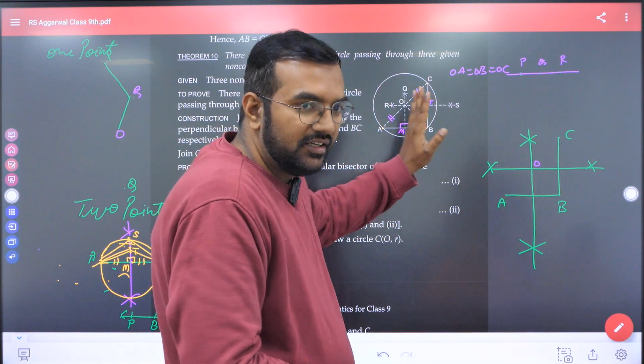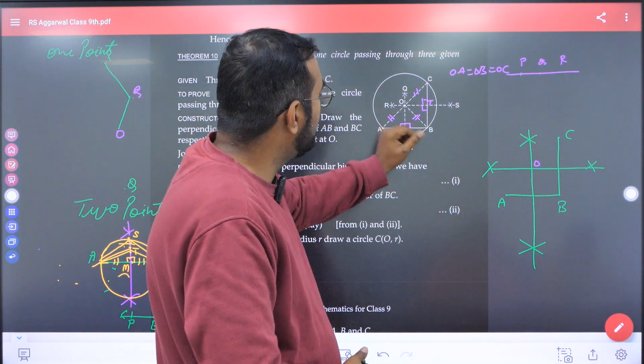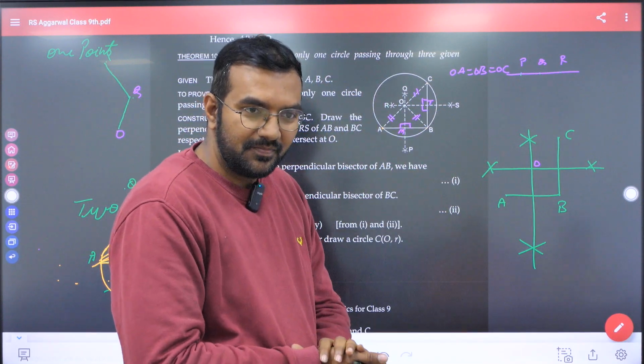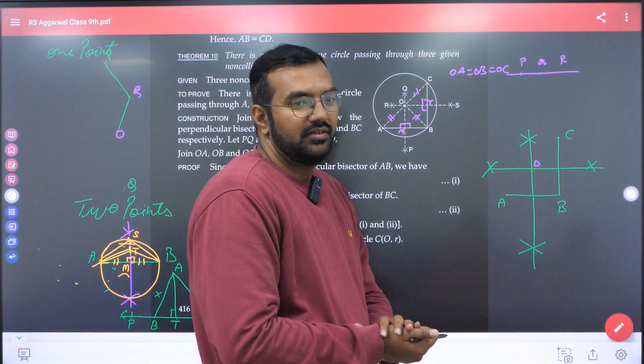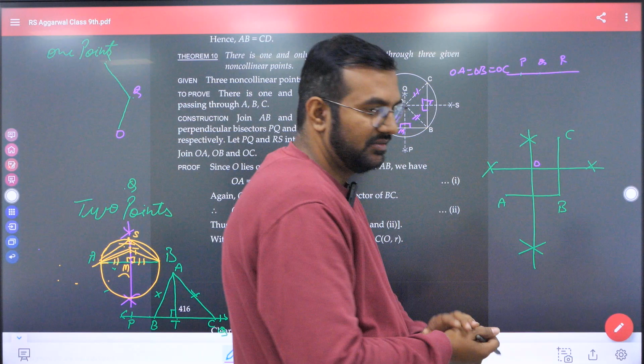For that, the point must be equidistant from A, B and C. But there is no point other than O which is equidistant from A, B and C.